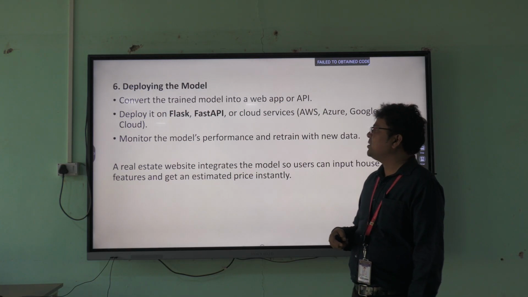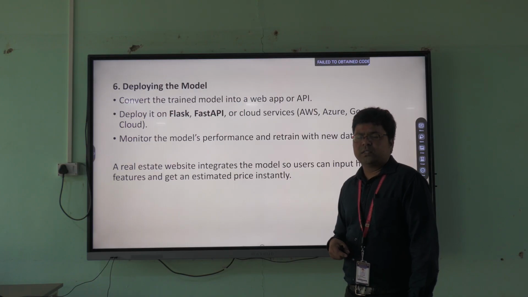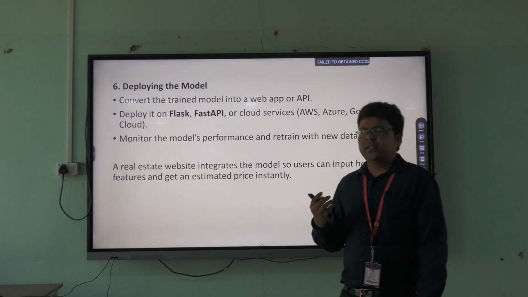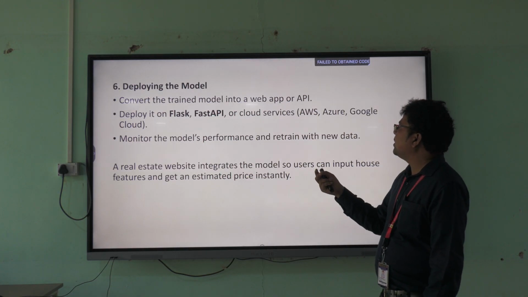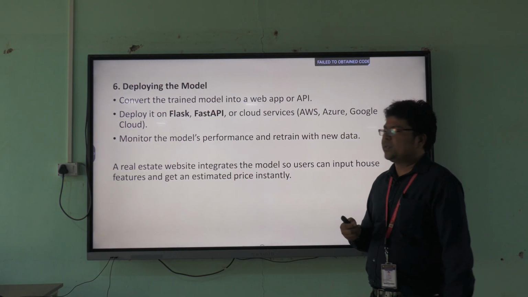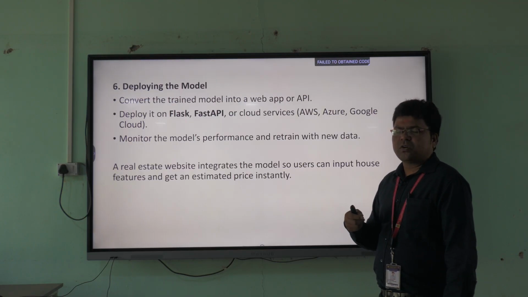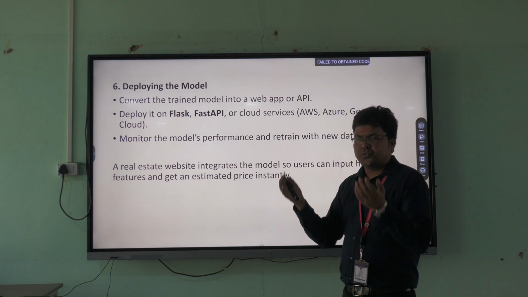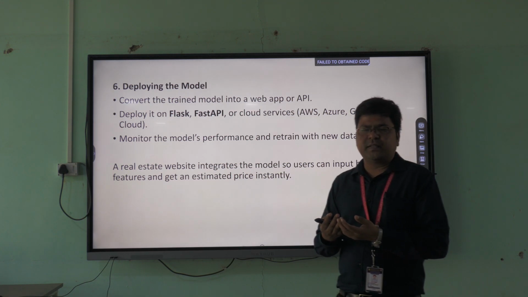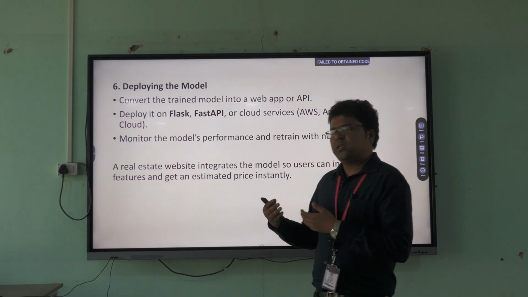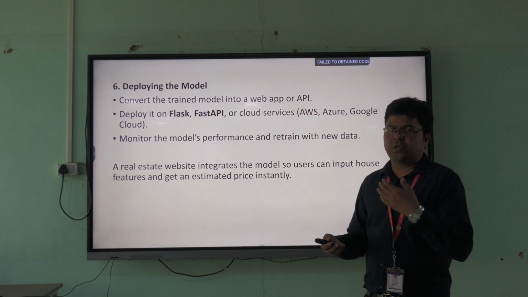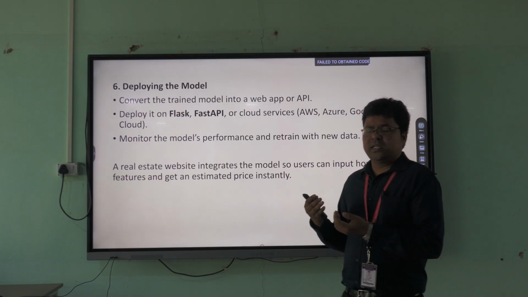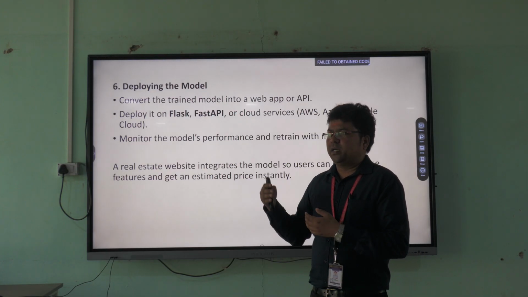And then at the last is deploying the model. We deploy it at the user end, and we convert the trained model into a web app, deploying it with Flask or FastAPI where the user can enter the data. We can create a user interface where the user selects the location, the number of bedrooms, and the square feet area.